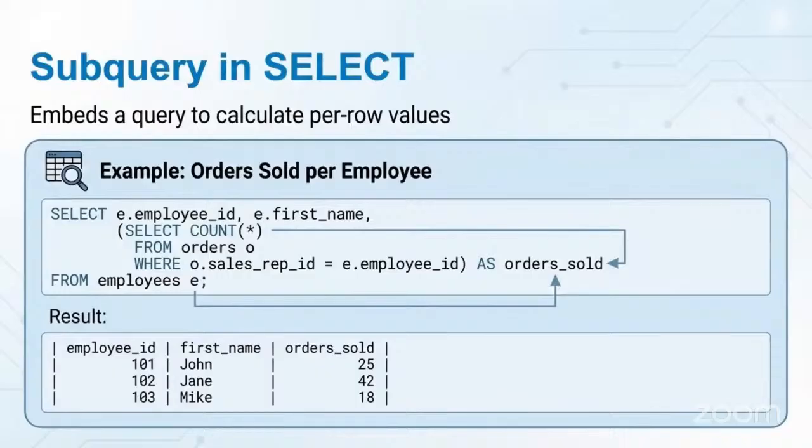Okay, subquery in select. Last week, we went quickly over this keyword IN. When you use IN, especially in a where clause, the return value, say it was returning just one attribute, one column, there will be multiple rows, right?